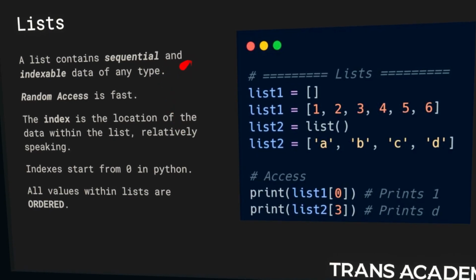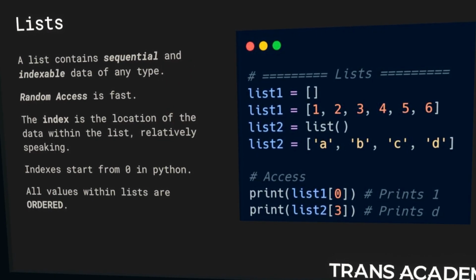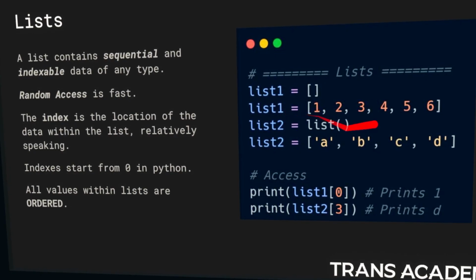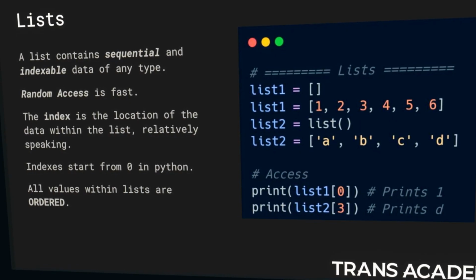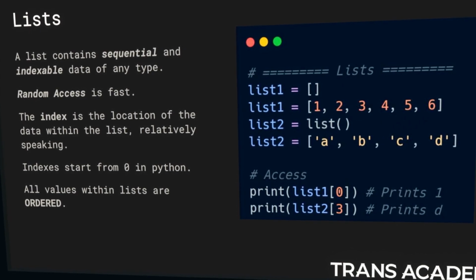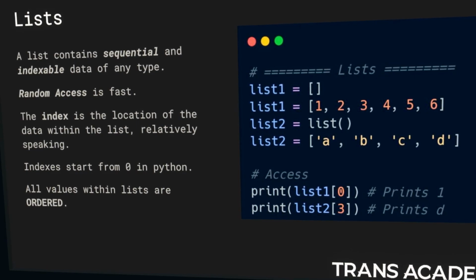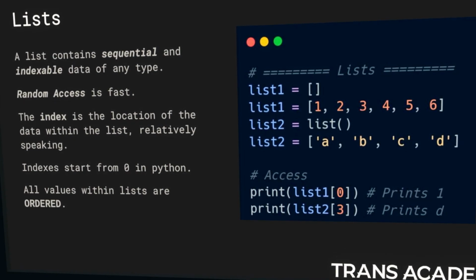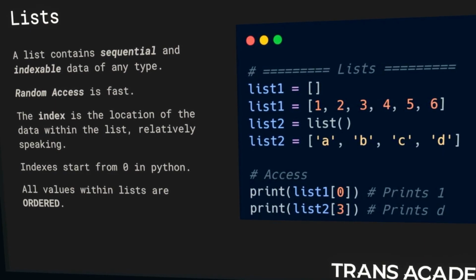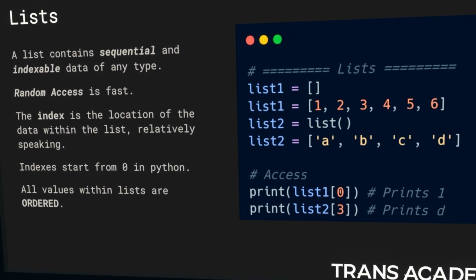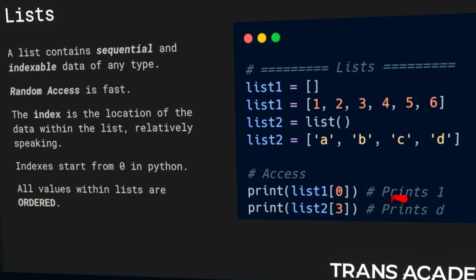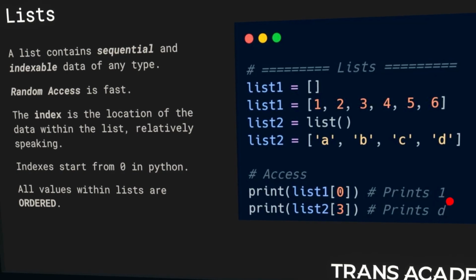A list is sequential and indexable data, right? It's fast, but specifically as fast as the number of items you currently have in it. The larger this list becomes, the slower it is to access a specific value you are looking for. If you want to print what's currently at index 0, that's going to print 1.